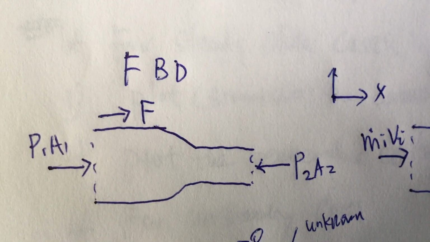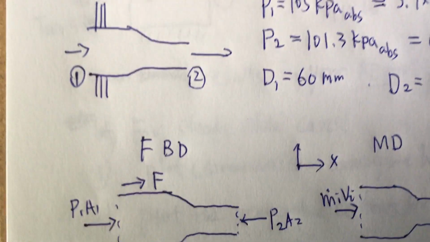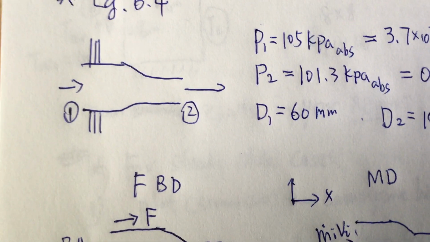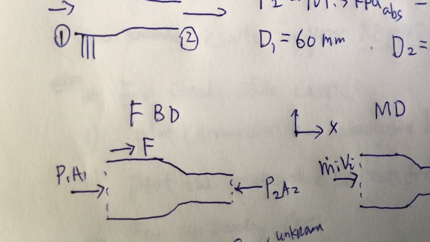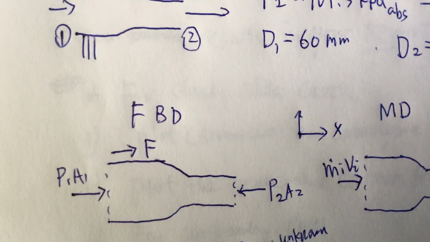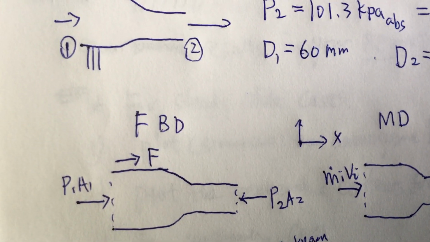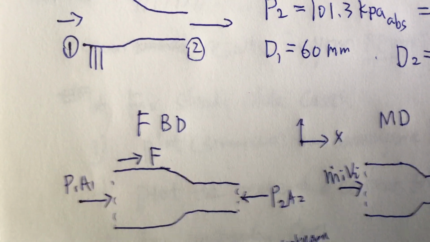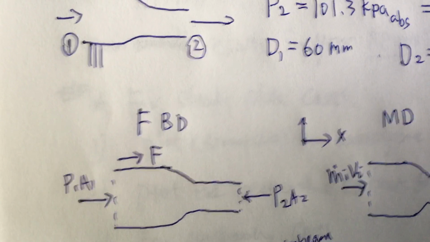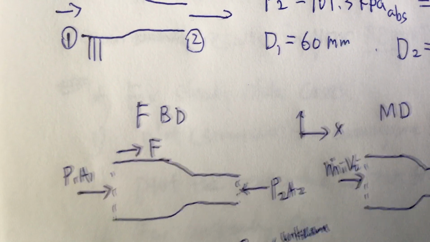If you detach any object from a support, which in this problem is detaching the nozzle from the flange, you have to replace it by a reaction force, right? That's the force required to hold it.